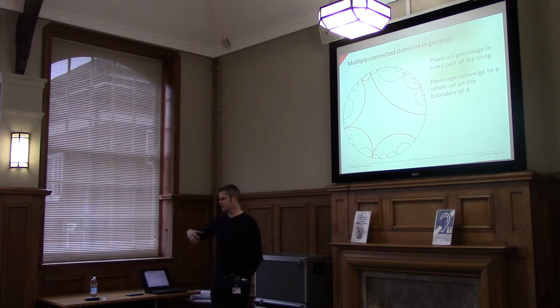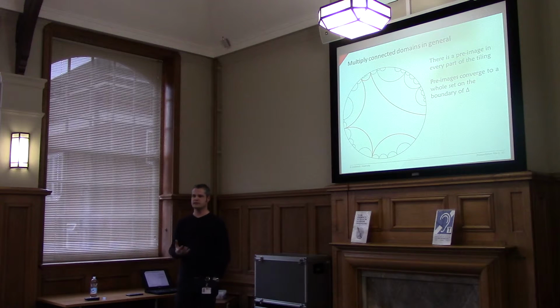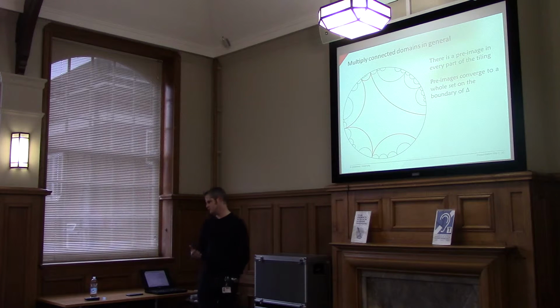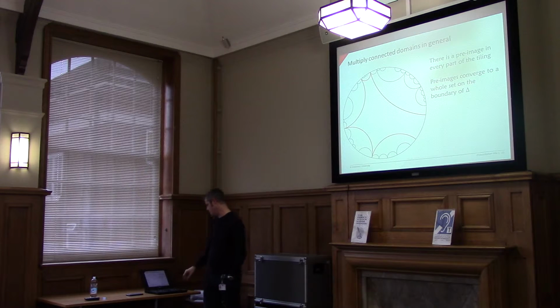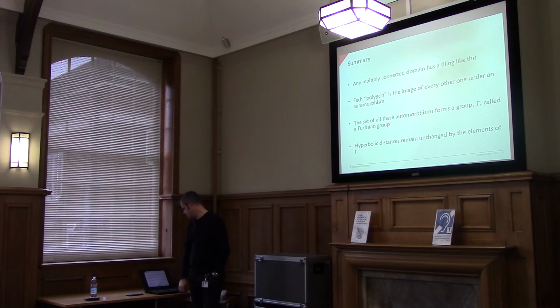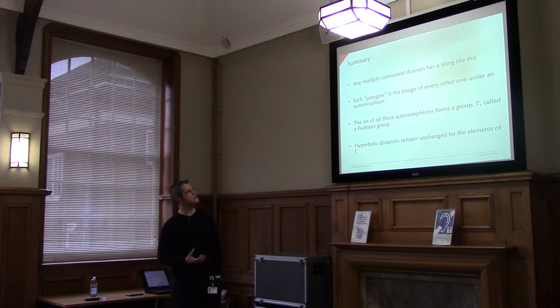So it's like you're separating the original disk into bits where you can have one-to-one mappings. But more importantly, you know that all of the pre-images are compositions of functions in this group, part of the orbit of this group. Right. So just to summarise, any multiply connected domain has this kind of tiling.